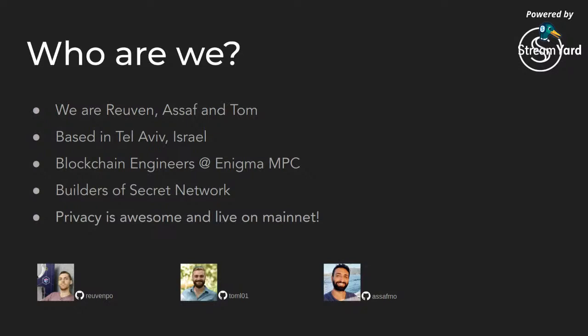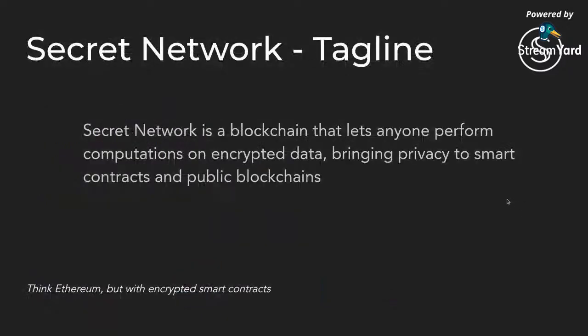Unless I say otherwise, all is live and usable, and after the workshop is over, you can hop in and start asking questions and start developing for our network, which is cool.